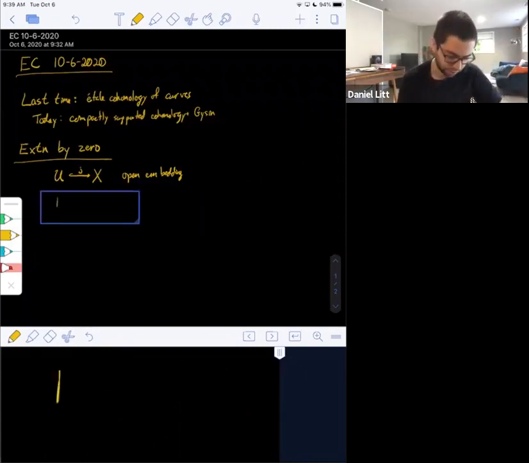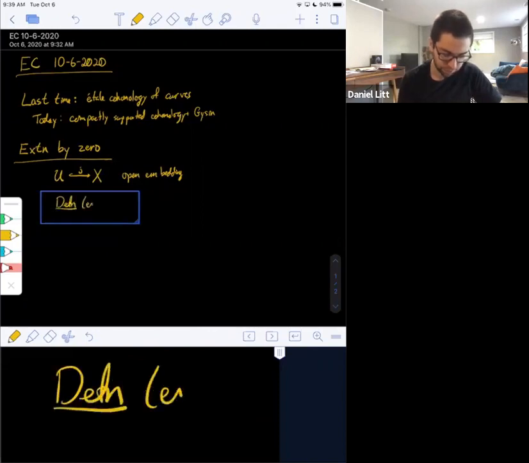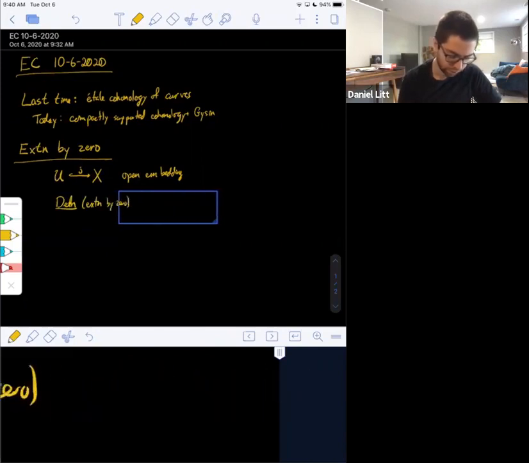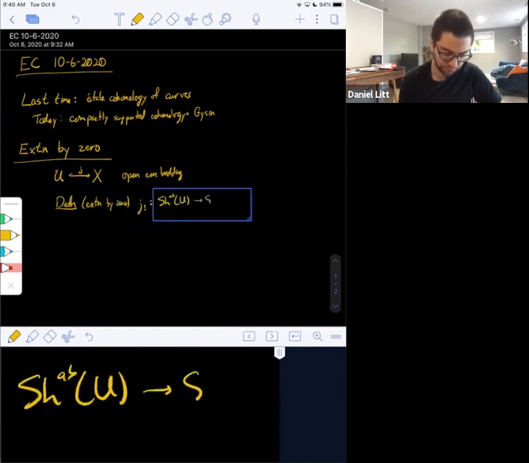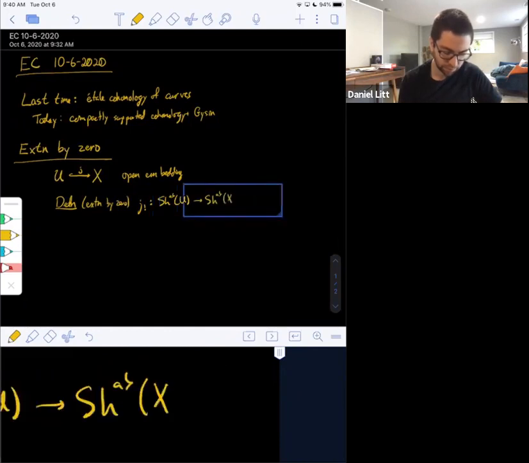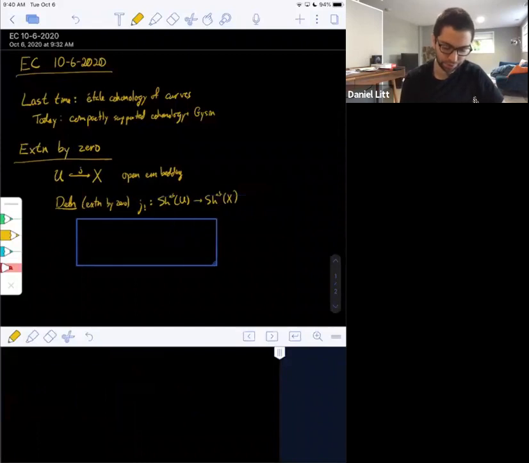Here's the definition of extension by zero. This is a functor, j lower shriek, from sheaves of abelian groups on U to sheaves of abelian groups on X. What it is, well, you just extend by zero.